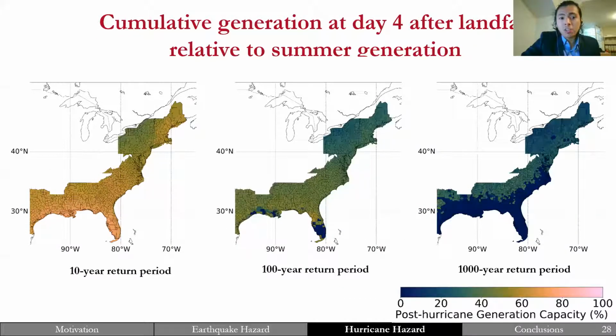So for the 10-year return period, you can see that the post-hurricane generation capacity as a percentage of what happens in the summer is around 70%. And in some places it even goes to 50% at day 4, which is significant, right? A 50% reduction is significant in case of an emergency.